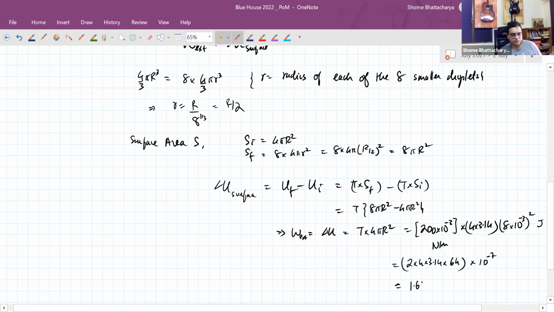So approximately something like 1.61 into 10 raised power minus 4.